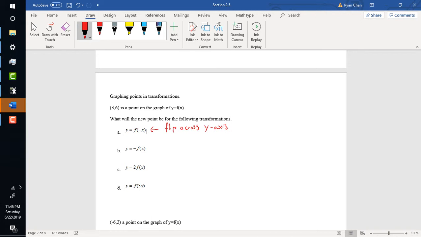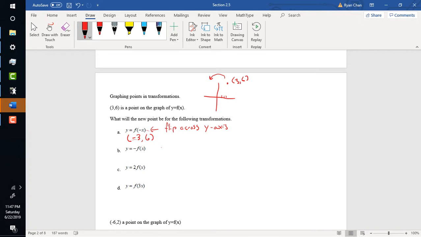So that means if I start off with 3, 6, it's like right here. If I'm flipping across the y-axis, I'm going right here. So that makes this one negative 3, comma 6. So that is where my new point would be after I transformed it.